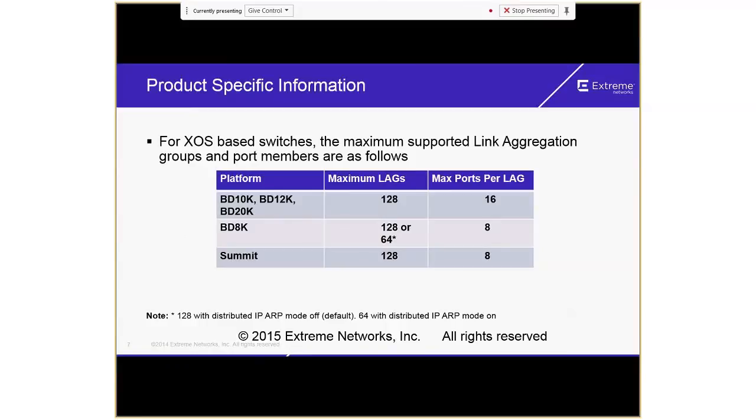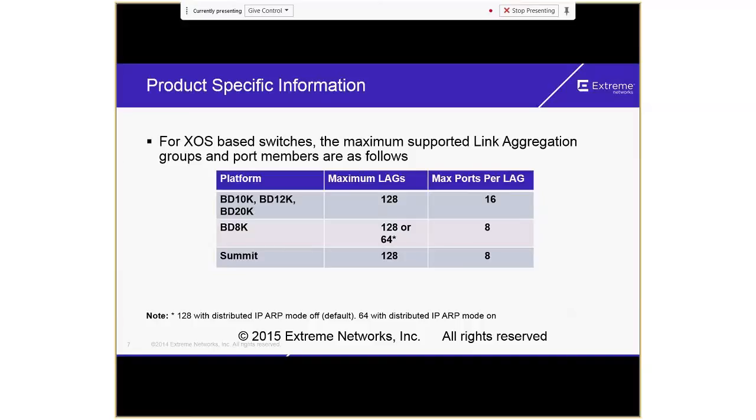So these are the maximum LAGs that are supported on Extreme switches. The BD 10K, 12K, and 20K support a maximum of 128 LAGs. As I mentioned previously, the maximum ports per LAG is 16, although you can configure 16 ports, only 8 will be active at a time.